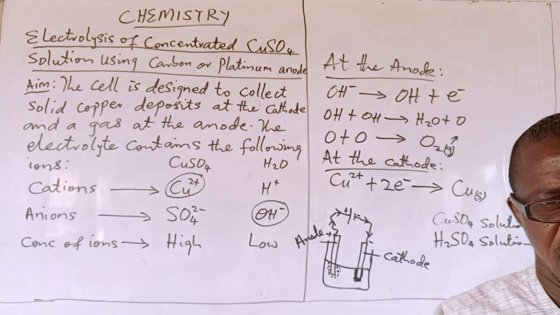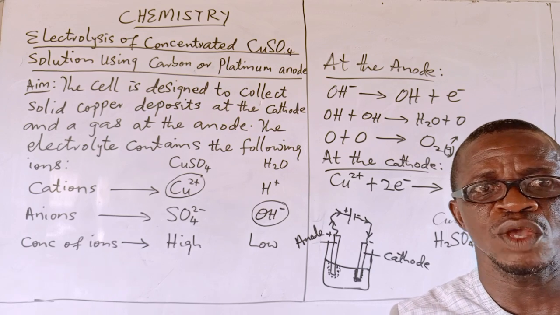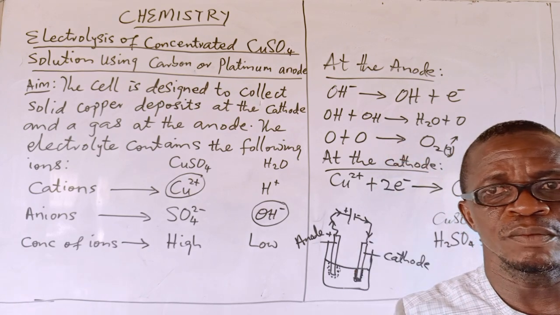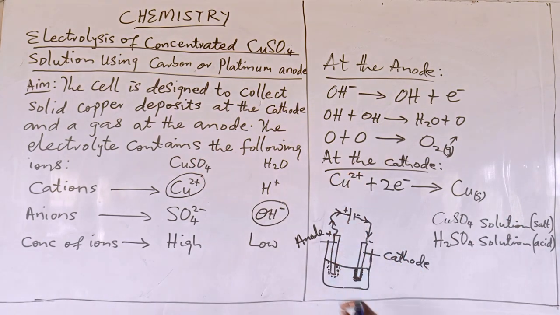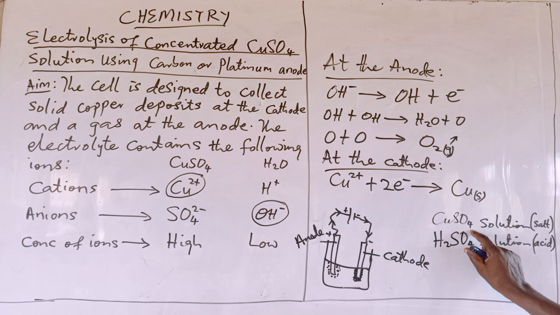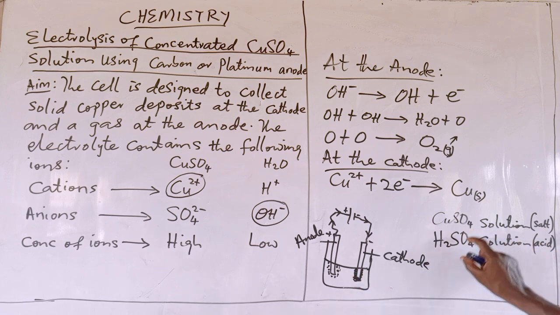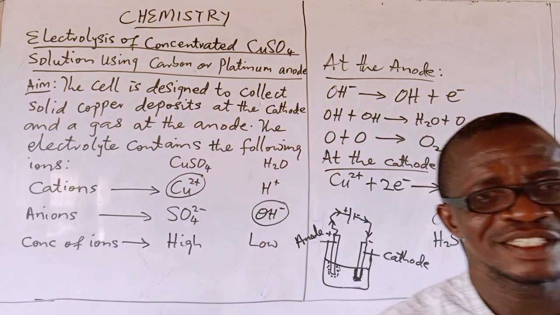Copper will stop and hydrogen will start, because at some point hydrogen will be of higher concentration. It will now start to be given out. So here will be oxygen going out, here will be hydrogen going out, thereby increasing the concentration of that dilute solution that you were using. So the acidity of the solution will continue to increase.